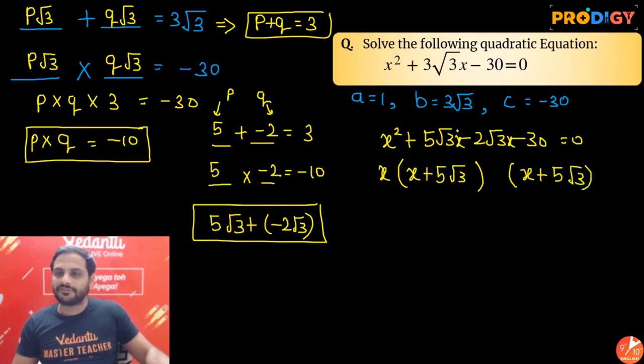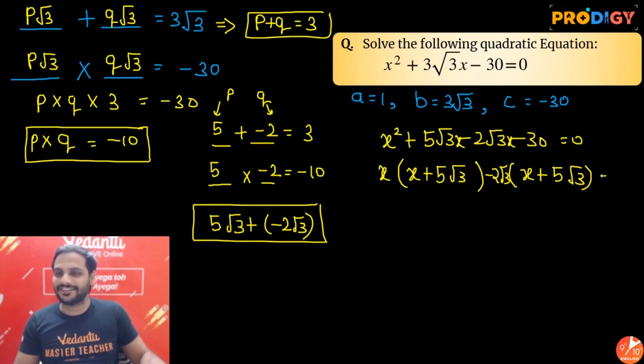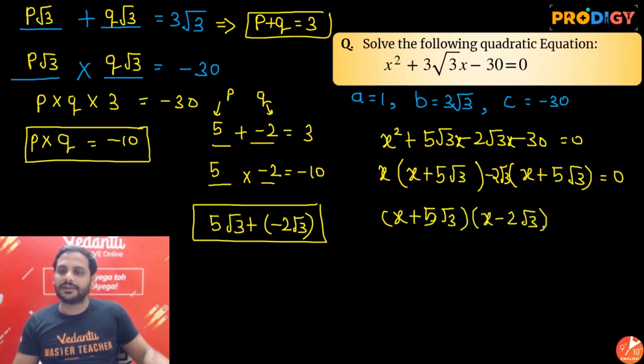So from the second term what should I take common so that x only is left? Minus 2 root 3. If you see, minus 2 root 3 into 5 root 3 is minus 30 only. So we are left with x plus 5 root 3 into x minus 2 root 3 equal to 0. So we got x is either minus 5 root 3 or x is equal to 2 root 3.